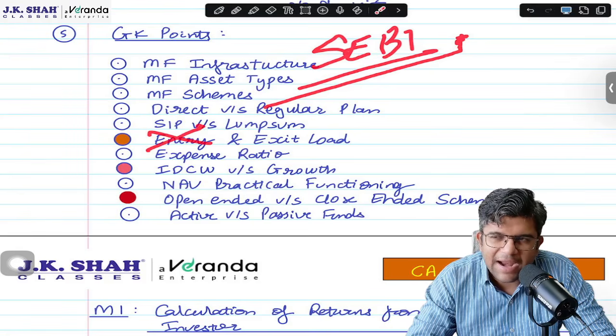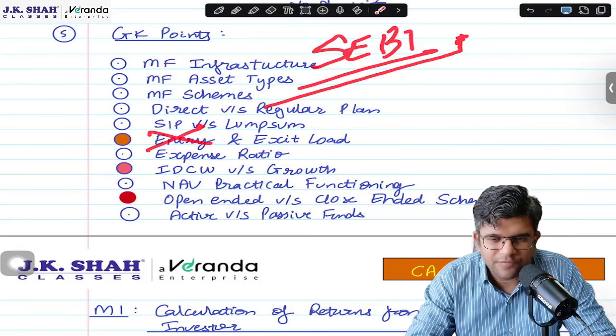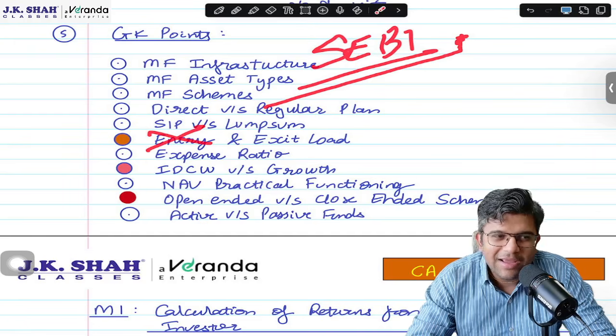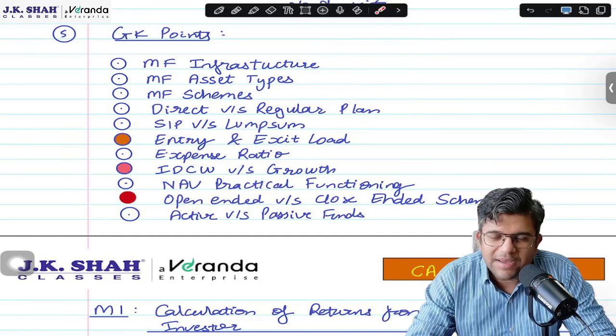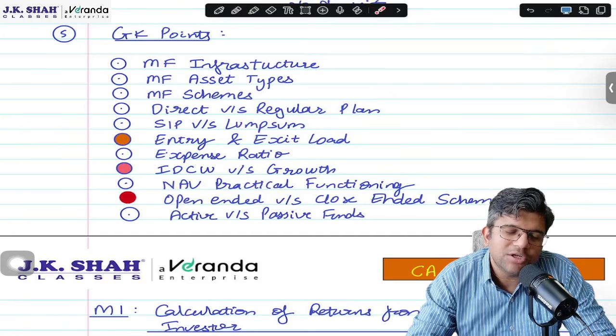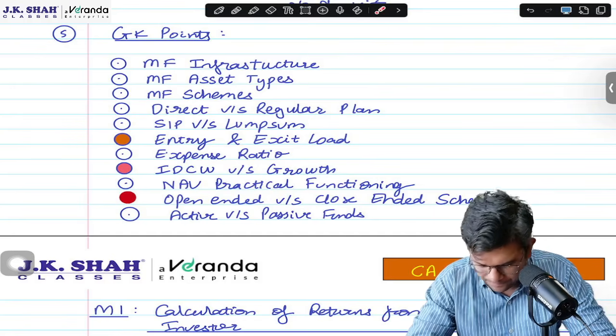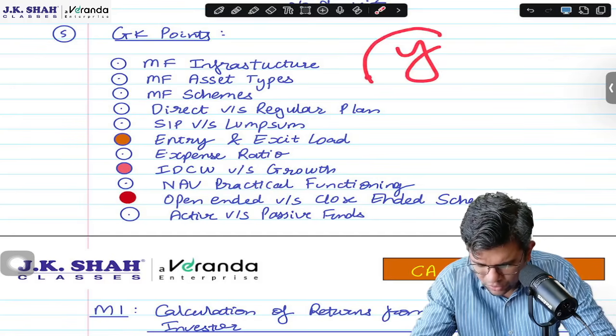SEBI has banned entry load as of now. However, it is not banned in ICEI. Everyone clear, no? In the real world, SEBI has said no entry load, which means if the customer is supposed to pay 22, he or she will pay 22 only. How dare you charge 0.5 extra from them? Give me a why, you understood no entry load.